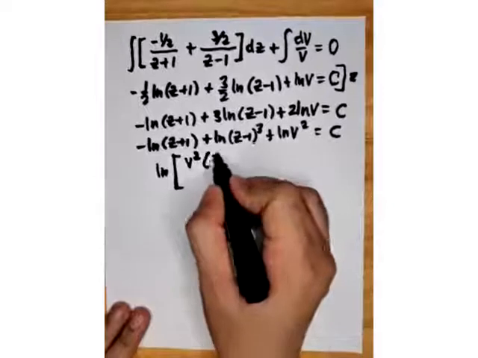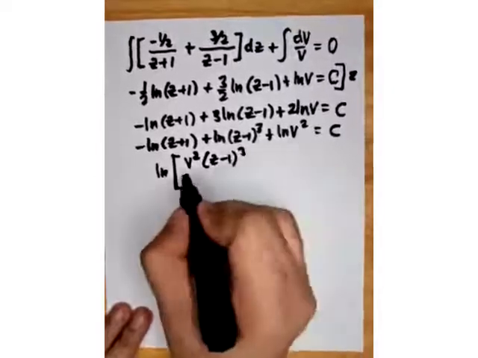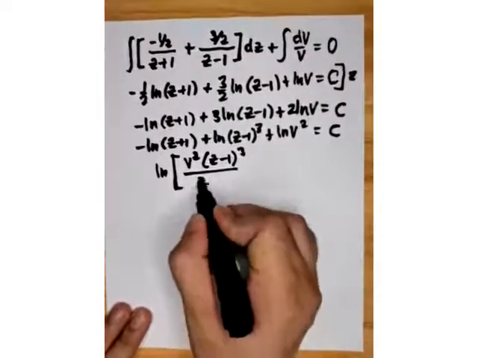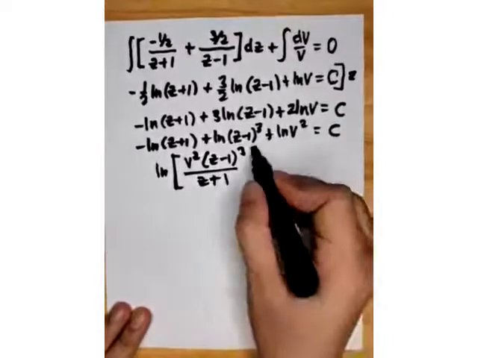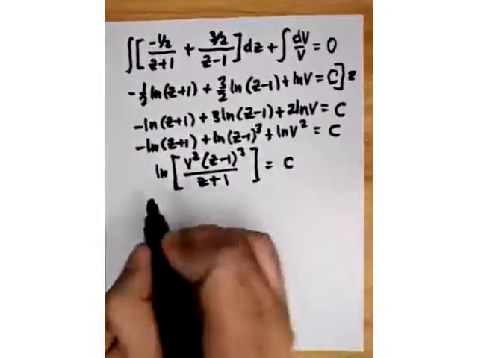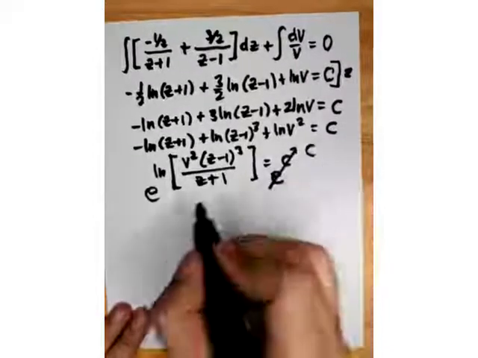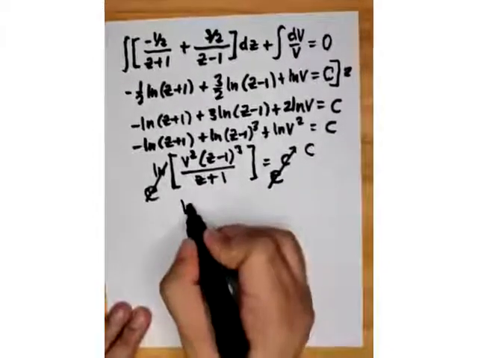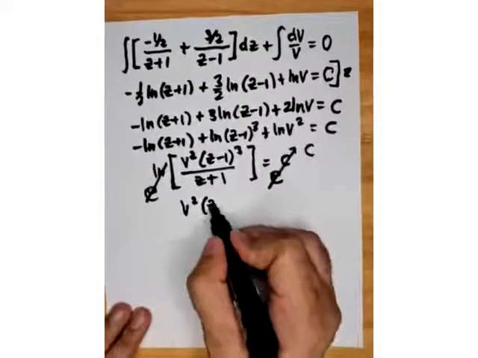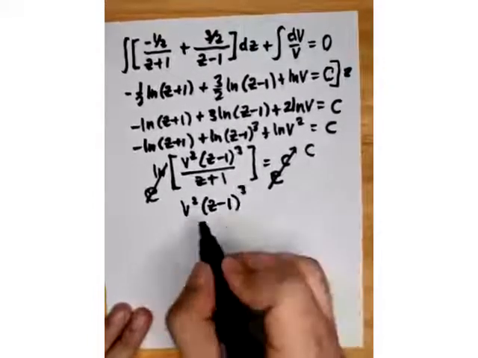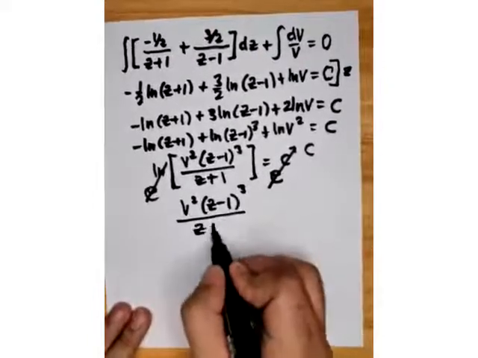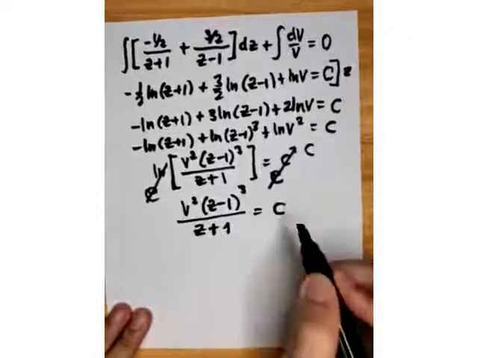So v squared times z minus 1 cubed over z plus 1 is equal to c. And then let's get the exponential. So this is still c. So v squared times z minus 1 cubed over z plus 1 is equal to c.